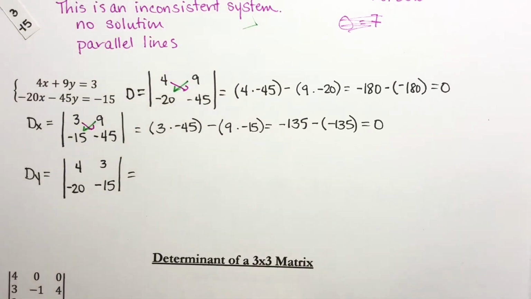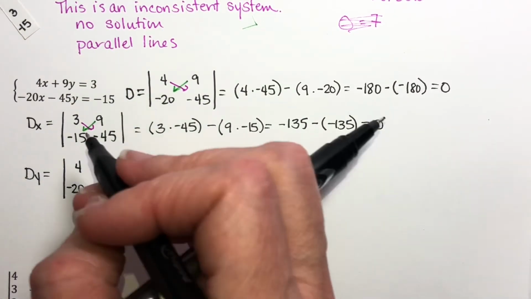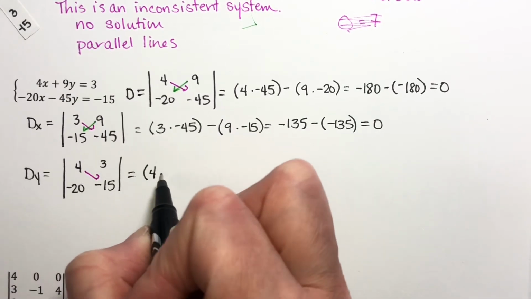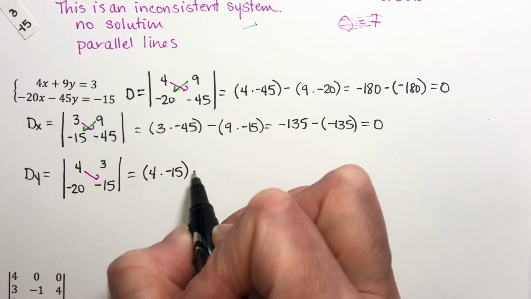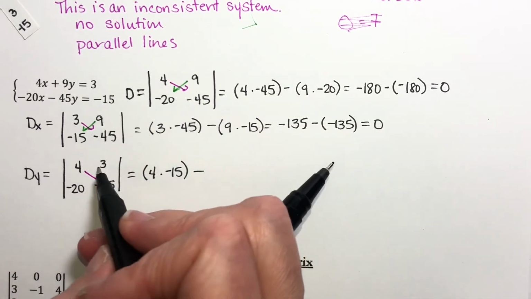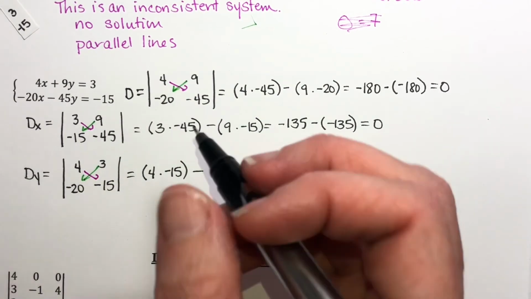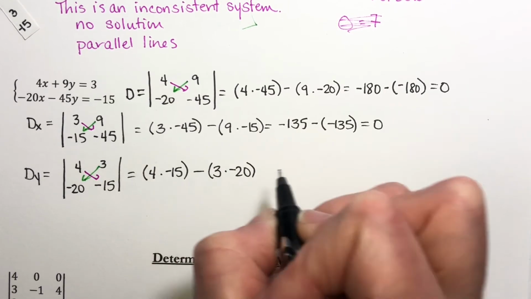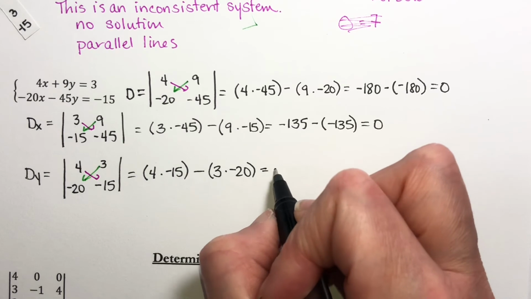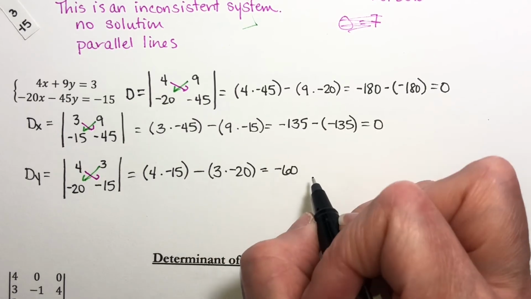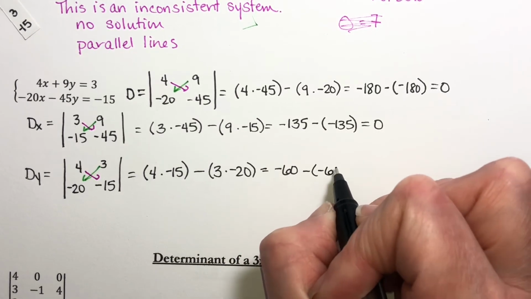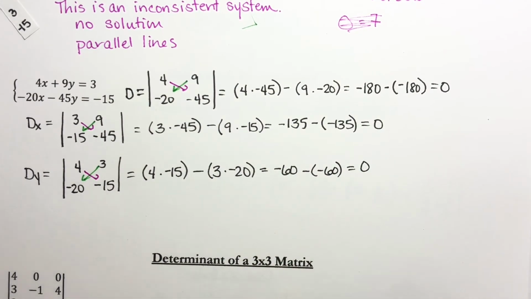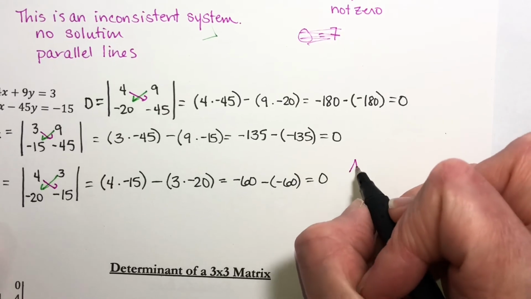Okay, so I do 4 times negative 15 minus 3 times negative 20, and this will give me negative 60 minus a negative 60, which is 0.